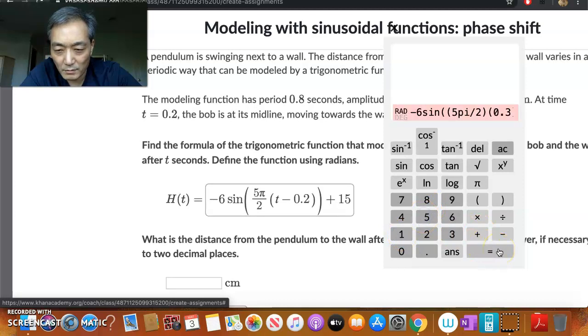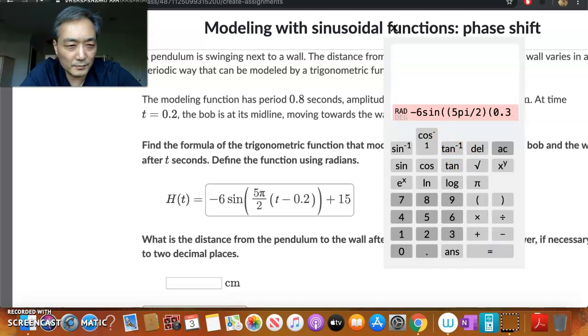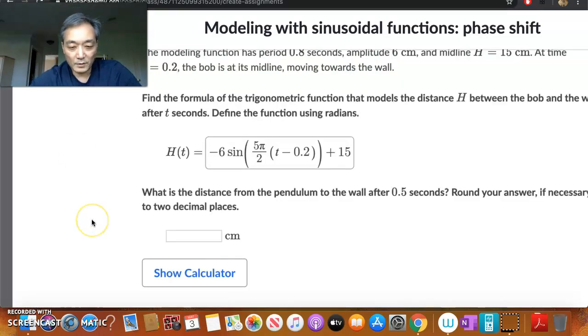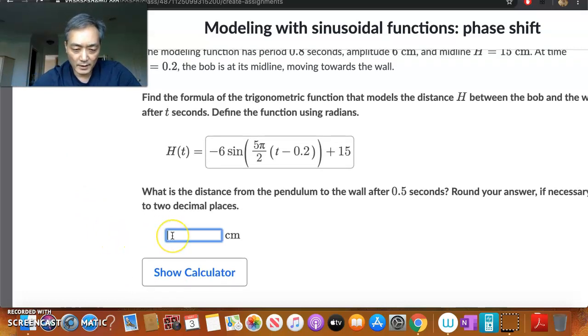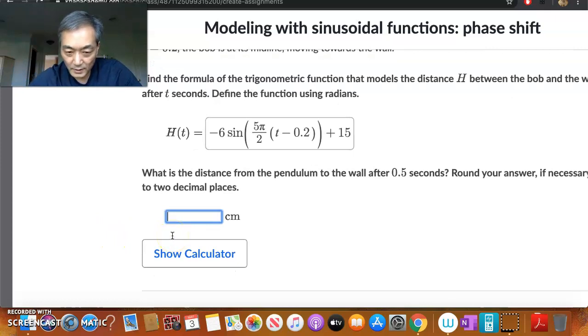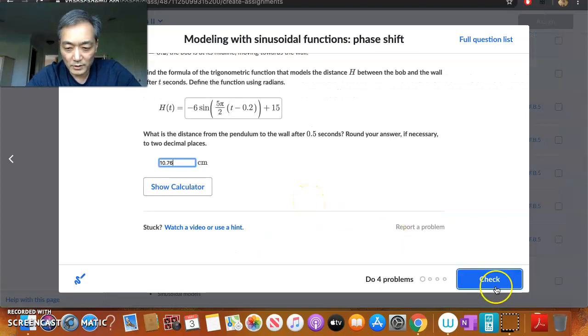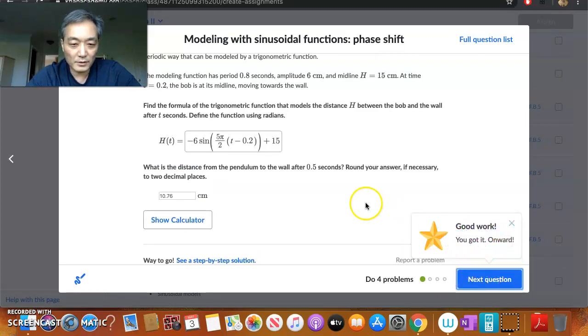Is equal to what? Okay, so I'm sorry about that. We're having a little trouble with the calculator on Khan Academy, so I just used a separate calculator, and I got an answer of 10.76. Okay, let's see if my answer is correct, and that is correct.